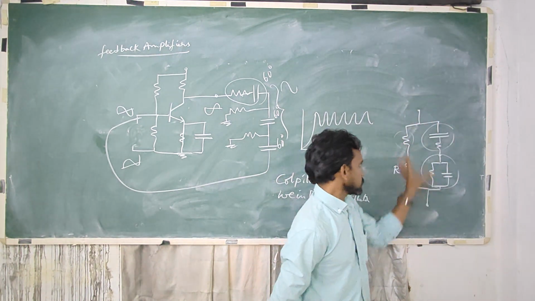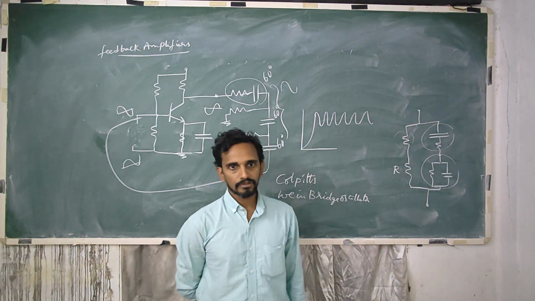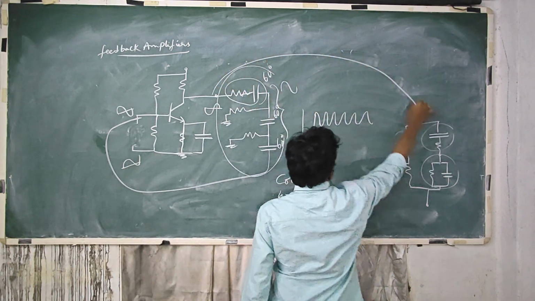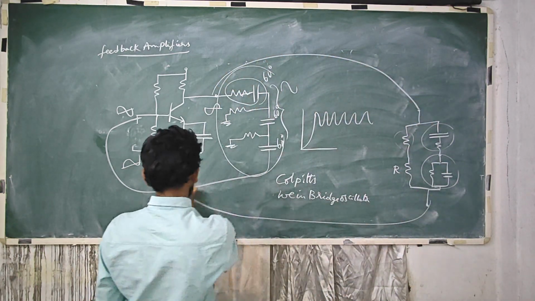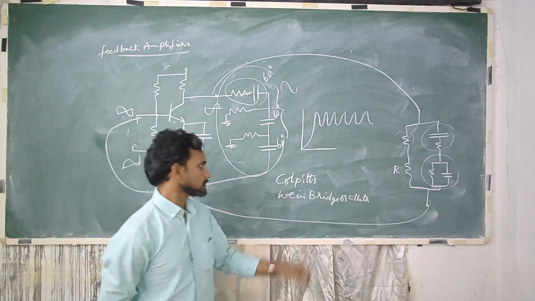And this combination is now used to produce whatever 180 degrees phase shift, and instead of these three RC components, if you give one input here and take the output back to feedback, it's called Wien bridge oscillator.